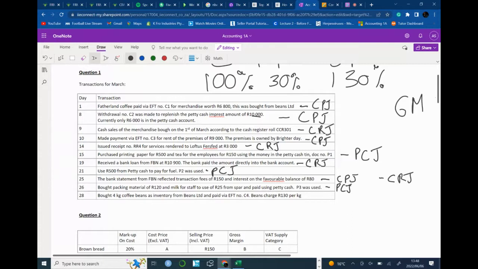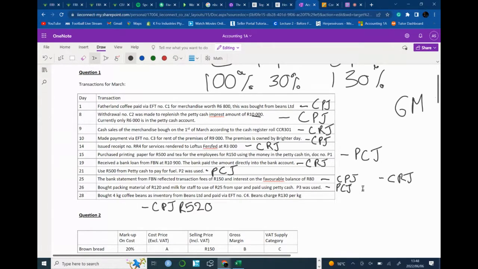Beans charge 130 per kg. So 130 times 4, that's definitely CPJ. And the total, we might as well knock it out of the park now: 4 times 130 is 520. So when we record it, at least we have that amount right there.